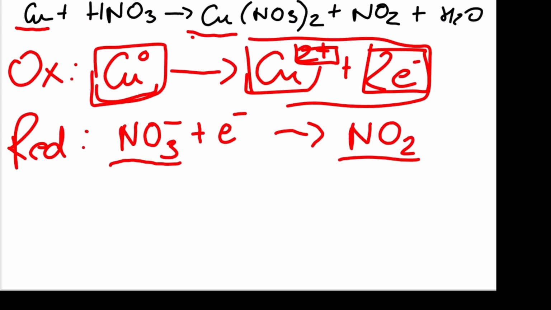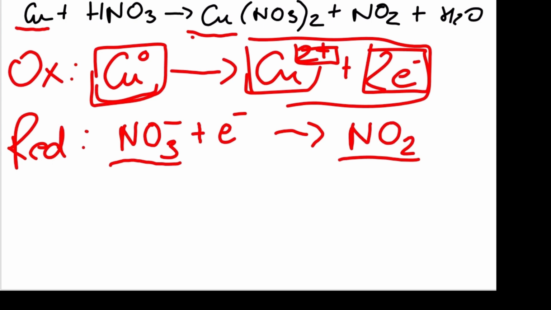Let's check the balance of matter. On the left side we have 1 atom of nitrogen. On the right side also. Okay, so it is correct. On the left side we have 3 atoms of oxygen. On the right side we have 2 atoms of oxygen. So it is incorrect.